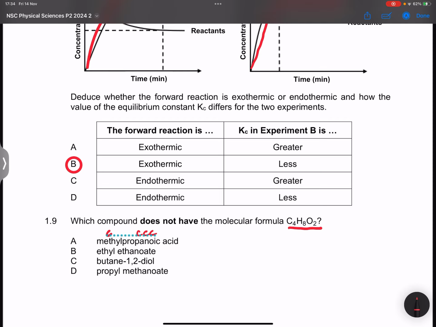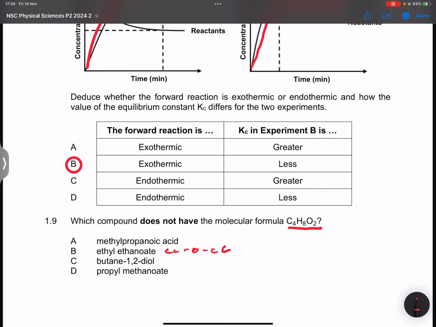So ethyl ethanoate, that's 2 and 2. Sorry, I said that's an ester. The first one, A, was a carboxylic acid, right? It's a carboxylic acid that has a side chain on it. So in that case, it does satisfy that condition. So B is an ester with 2 on each side. Okay, so it does satisfy the condition.